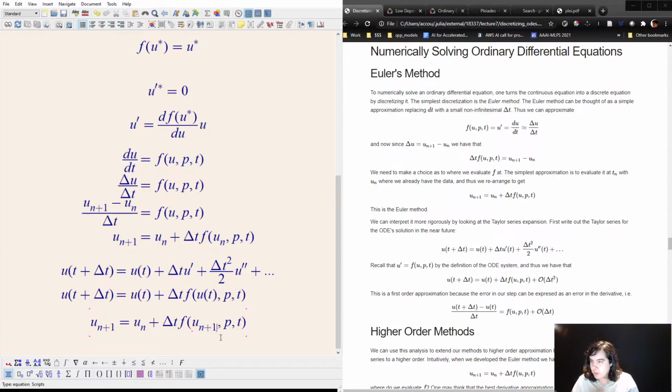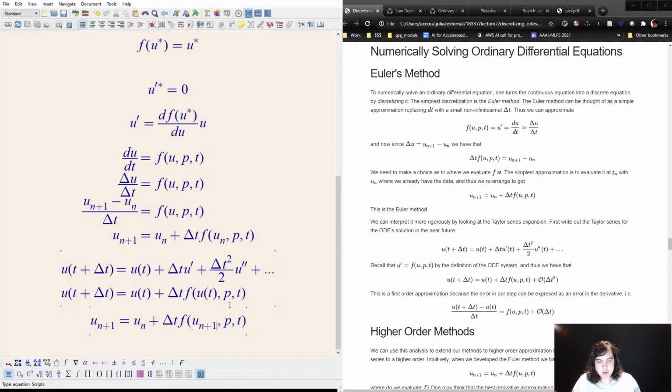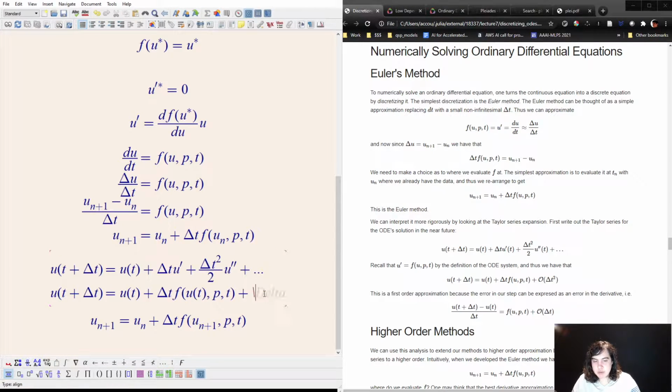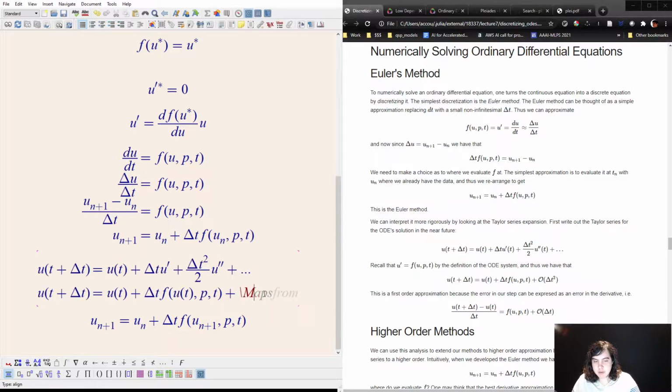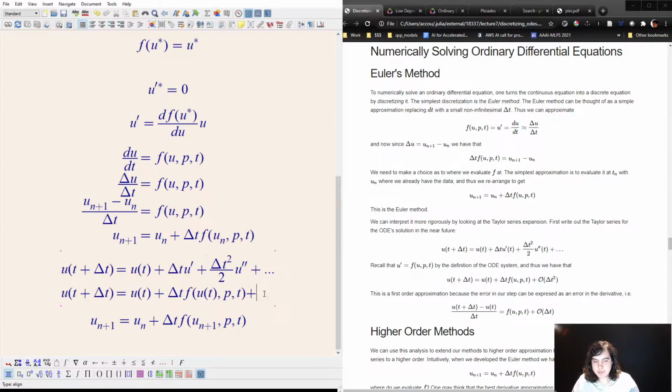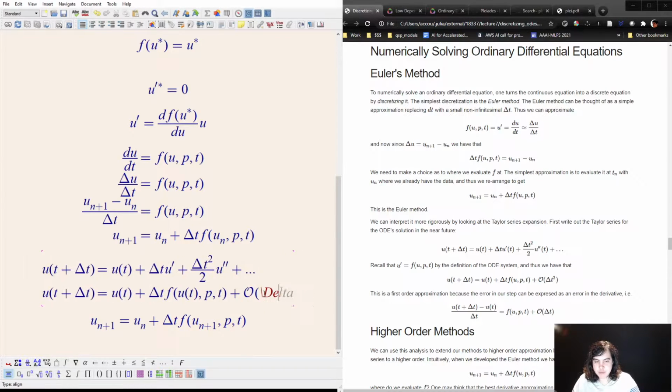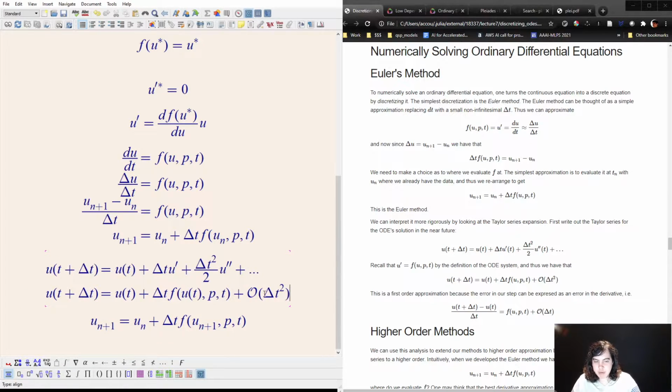Every single different way of discretizing will give you a different discrete dynamical system that represents the same ordinary differential equation, right? Oh, and just to showcase where the order of error comes in, we had this big O of delta t squared here, right?